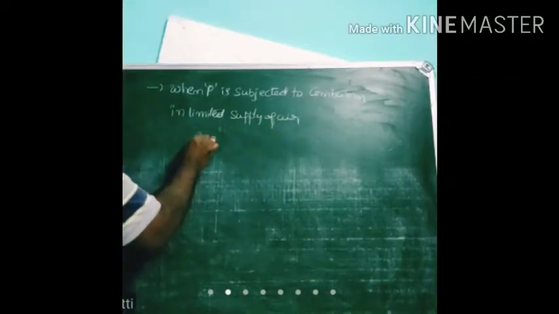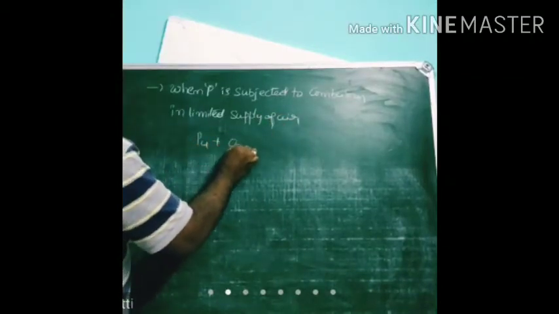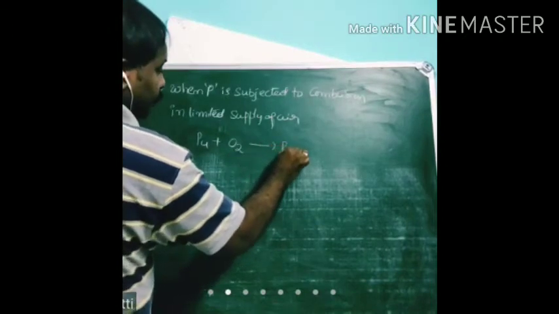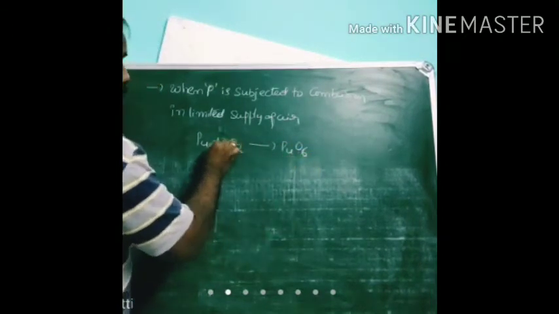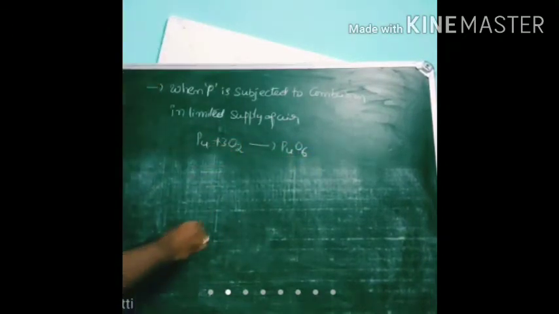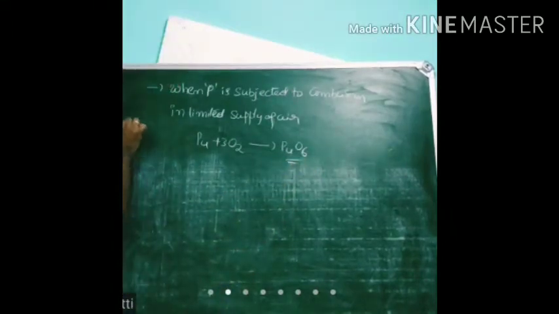Then what happens is phosphorus plus O2 gives rise to P4O6. Phosphorus trioxide is formed. P2O3 actually exists in the form of dimer, so we write P4O6. So we call it phosphorus trioxide.